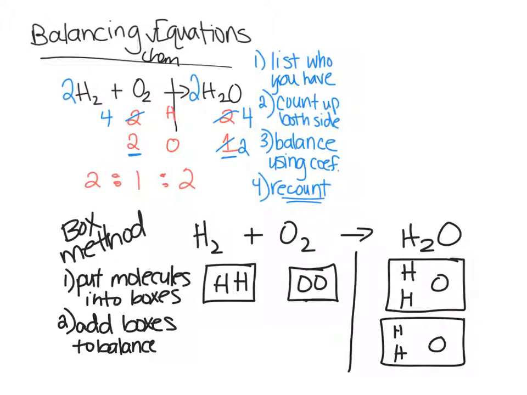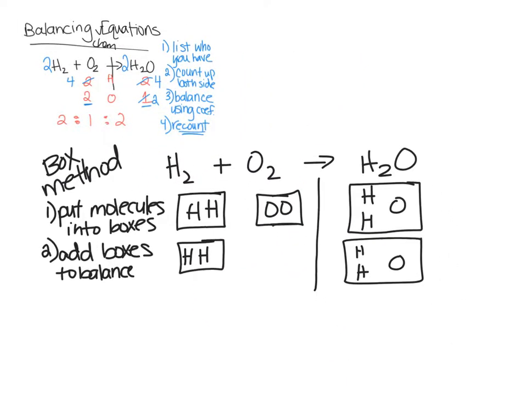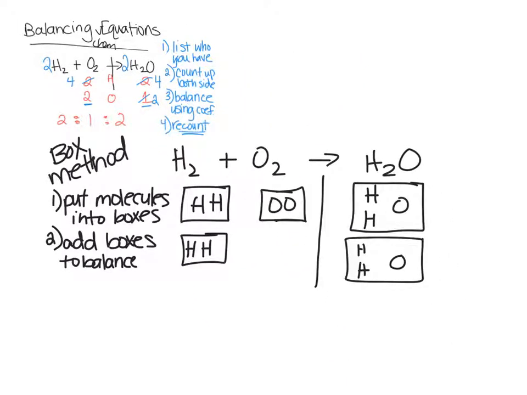So what am I going to do? Add another box of hydrogens. Do you see how this is more for my visual people? Yes, thank you. Appreciate it. Okay, so your last step is to count the boxes.